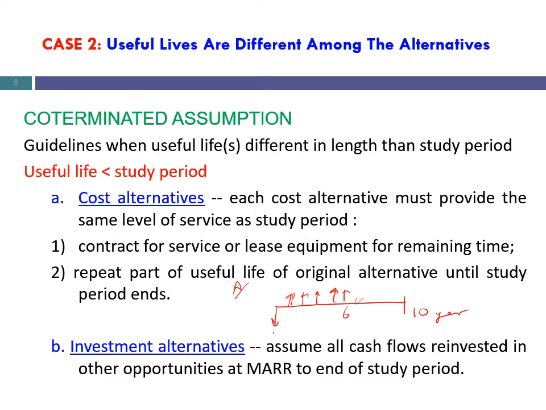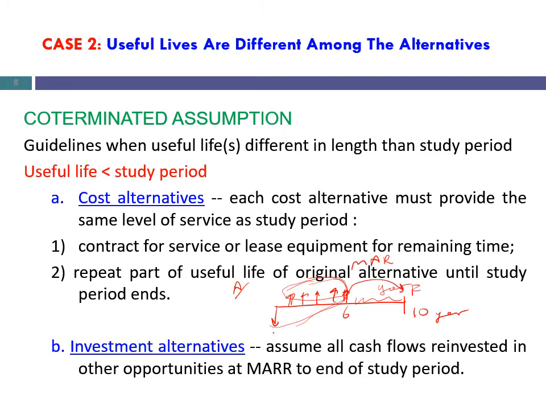So what will happen for the remaining 4 years? As a result, we obtain some revenue from this cash flow. And we can assume that after this sixth year, we can reinvest the amount of earnings using the MARR, and we can move them to the future time using MARR.